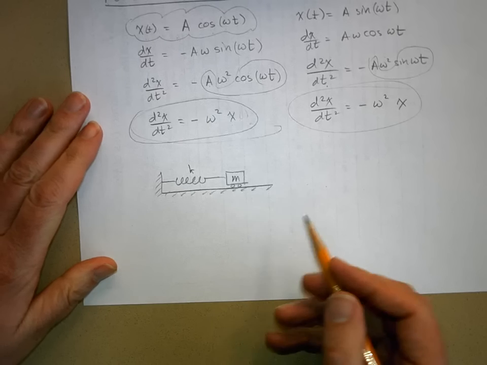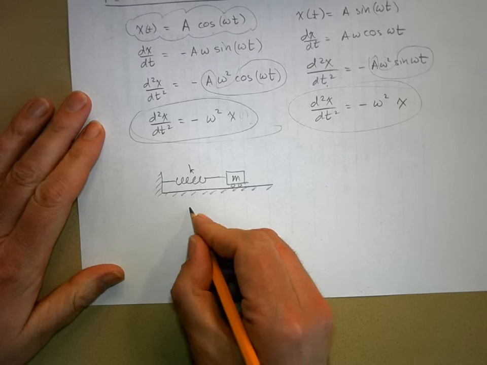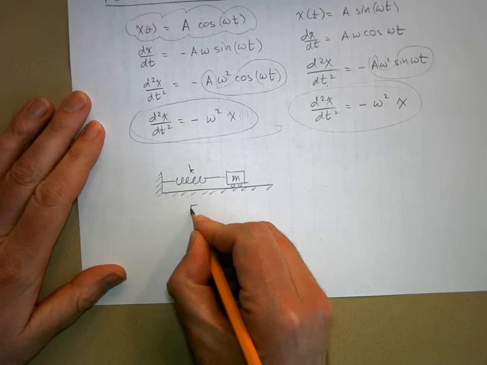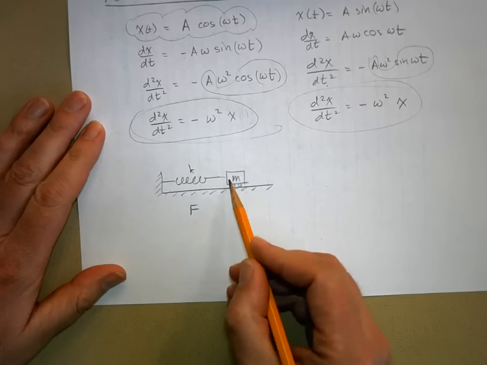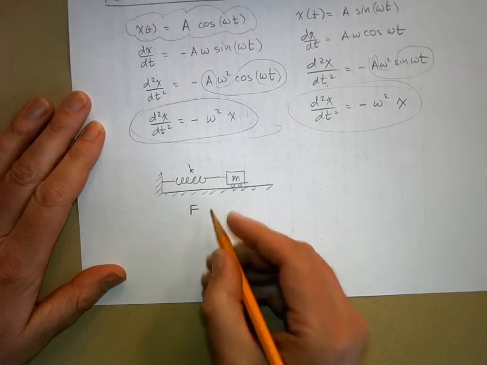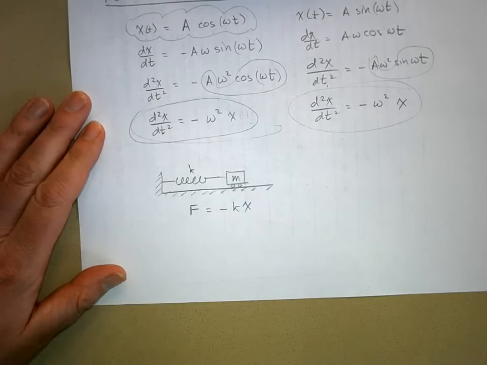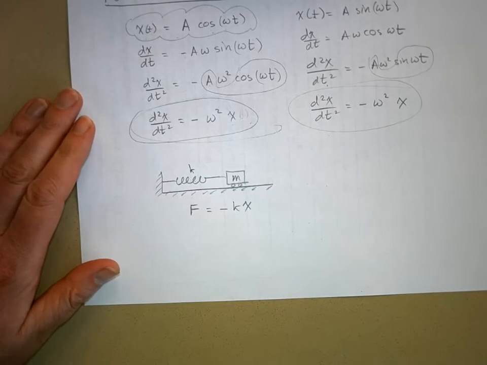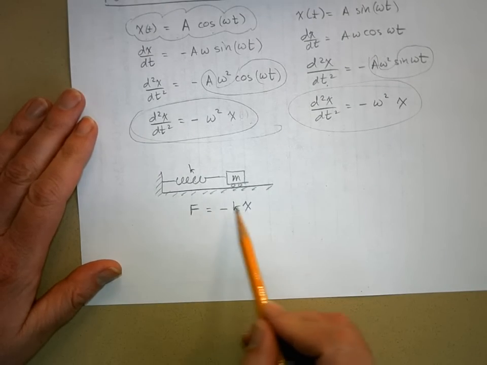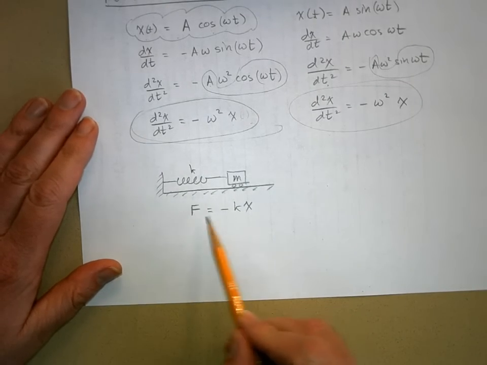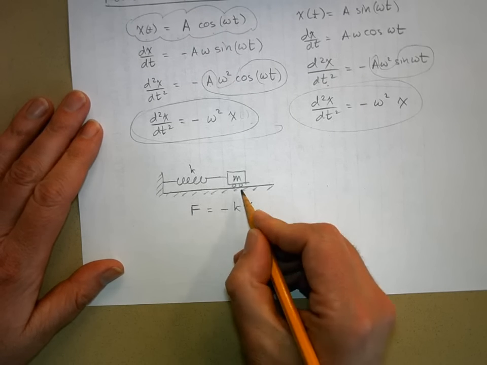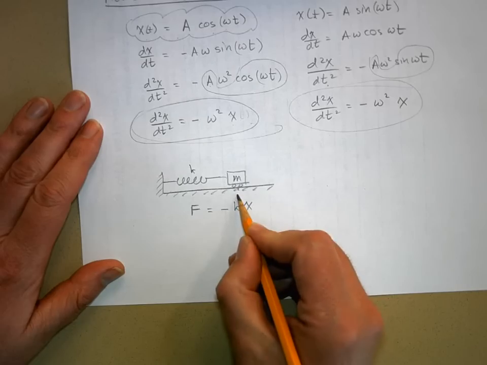Now, we have Hooke's law that says, all right, the force on this mass is going to be equal to negative kx. Okay, well, what is negative kx? That means that if I start here, here's the equilibrium position, so x is 0.